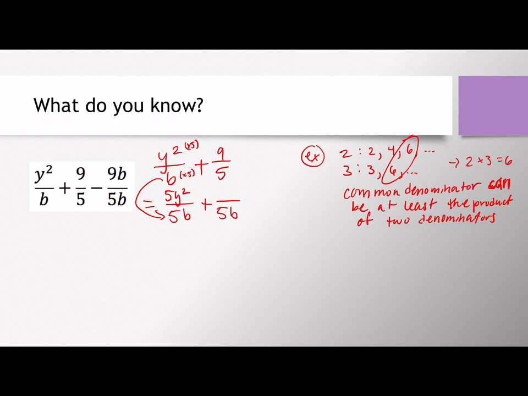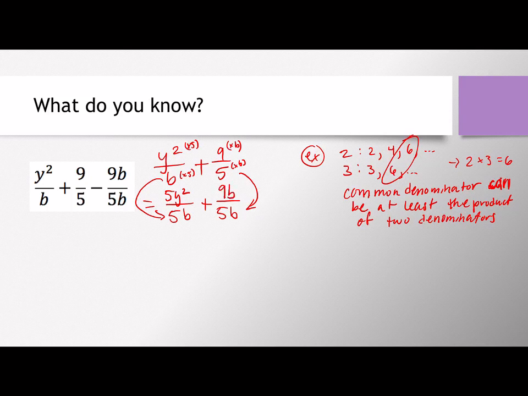Okay. Now let's look at the difference between the second fraction in our addition problem with the denominators. 5 became 5b. So what it does is multiply by b in the denominator. I need to do the same thing for the numerator to maintain equality. The equivalent fraction, 9 times b is 9b.